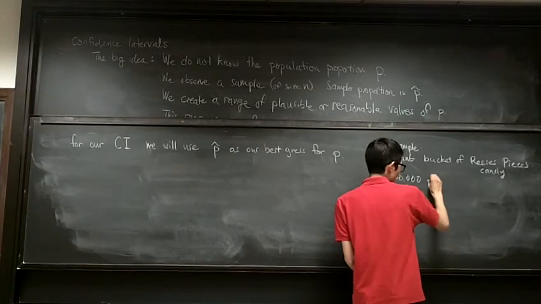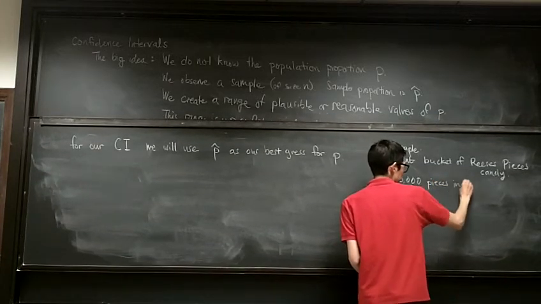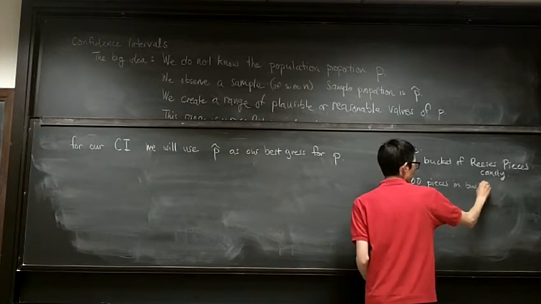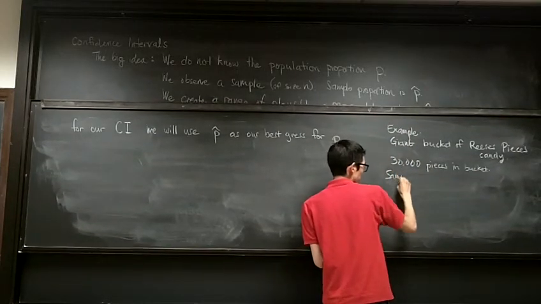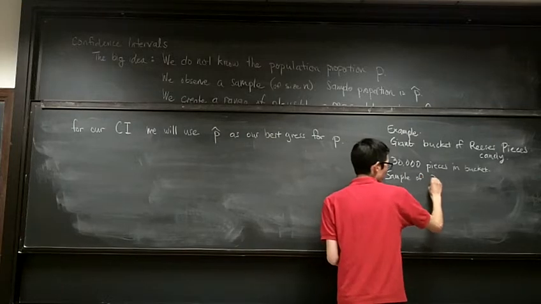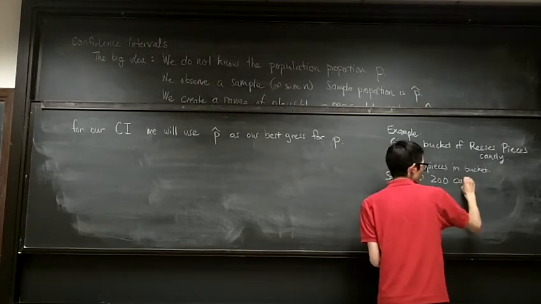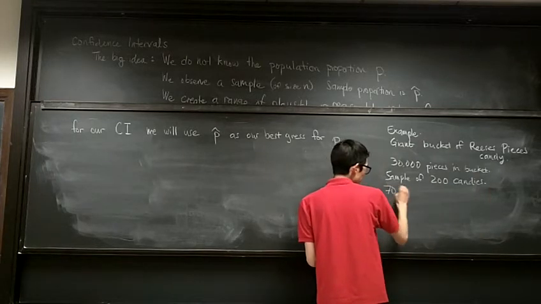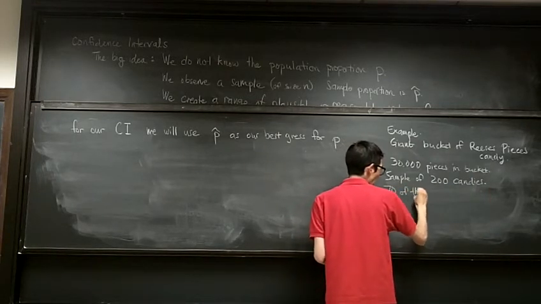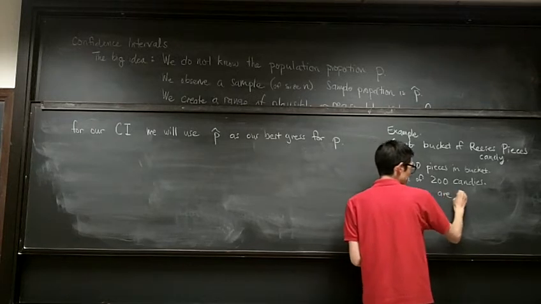30,000 pieces in the bucket. Okay. Sample of 200 candies. 70 of those are orange.